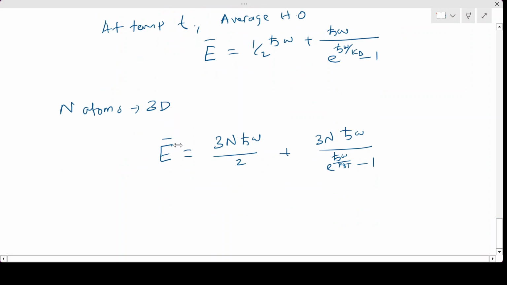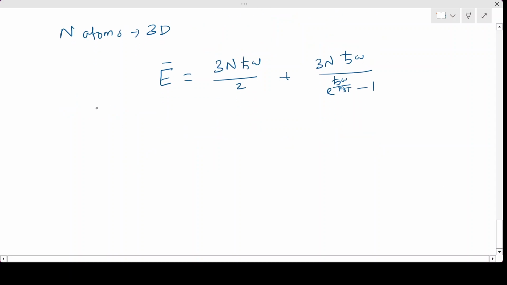This is the internal energy of a quantum harmonic oscillator in three dimensions for the atoms. Now our goal is to find how the specific heat capacity depends on temperature, and whether it validates the experimental evidence that CV is proportional to T cubed.